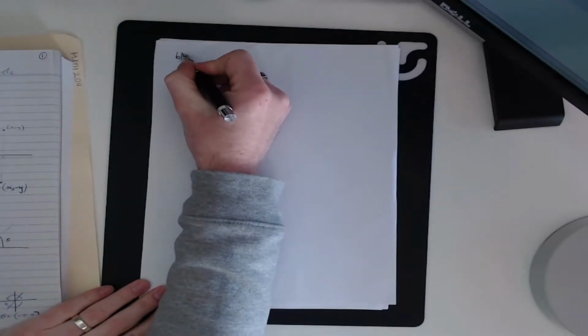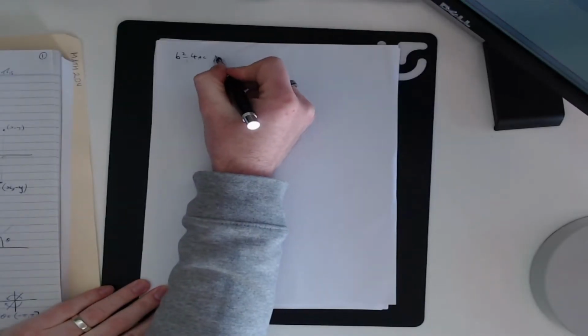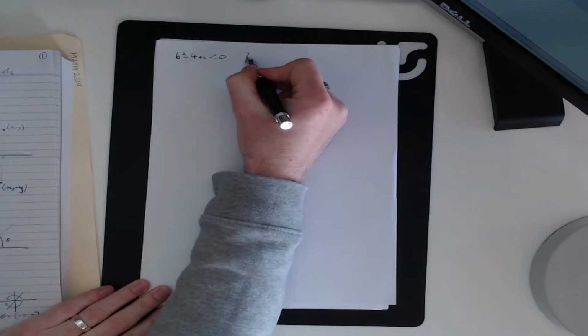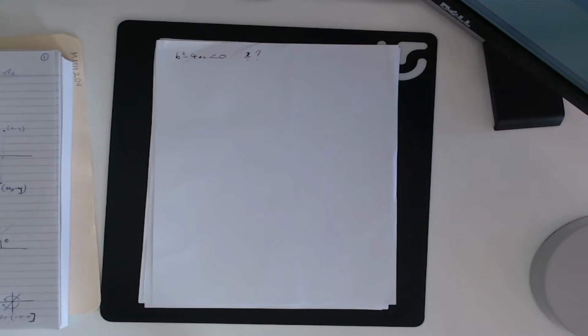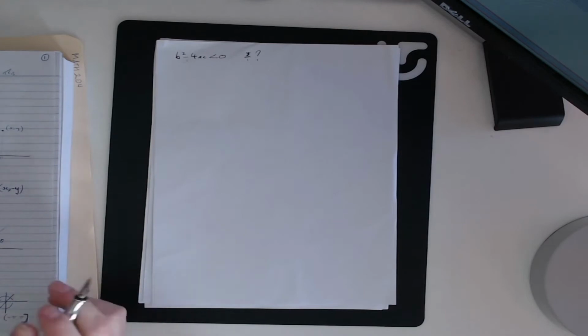So what happens when b squared minus 4ac is less than 0? Now, maybe you've been shown this at high school, I'm not sure, but a lot of people haven't, and the question ends up being, just avoid it, right? Because if you want real solutions, this has no solution.